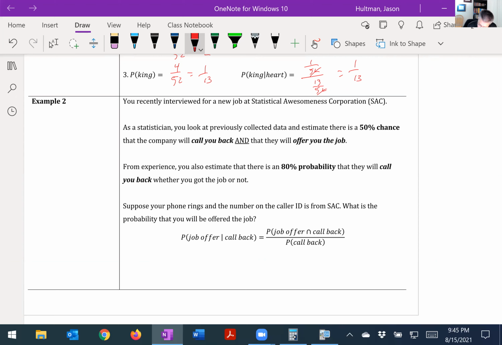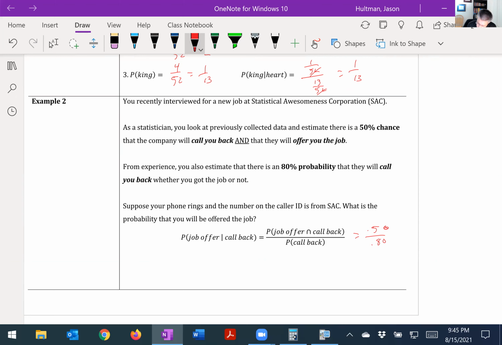Okay, what's the probability that you get the job and a callback? Well, that's 50%. What's the probability of just getting a callback? Well, it's 80%.